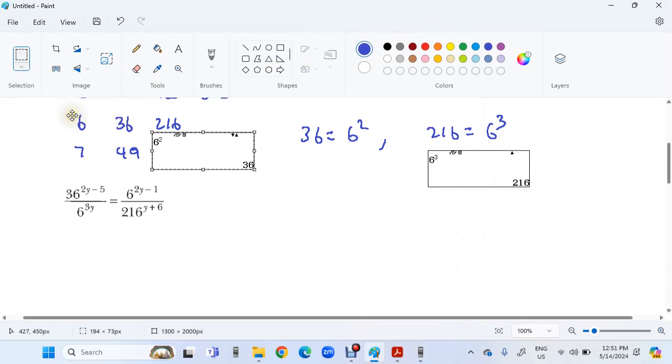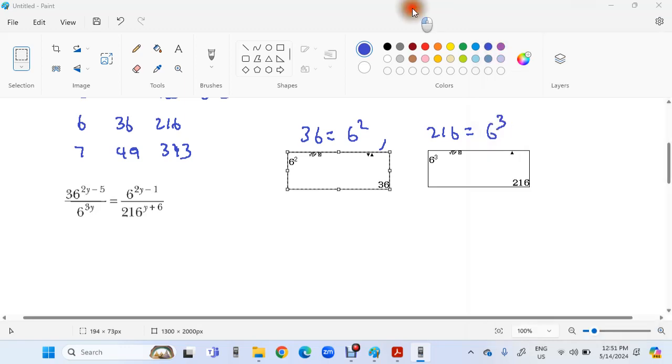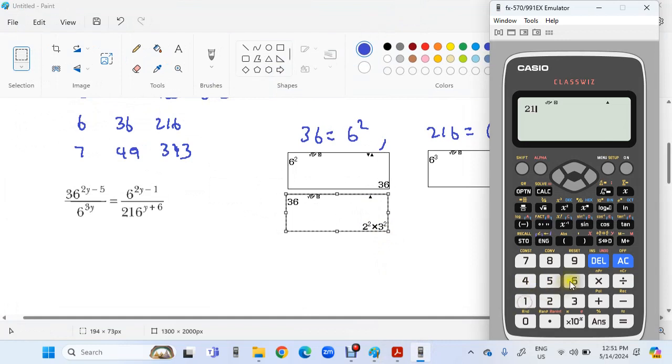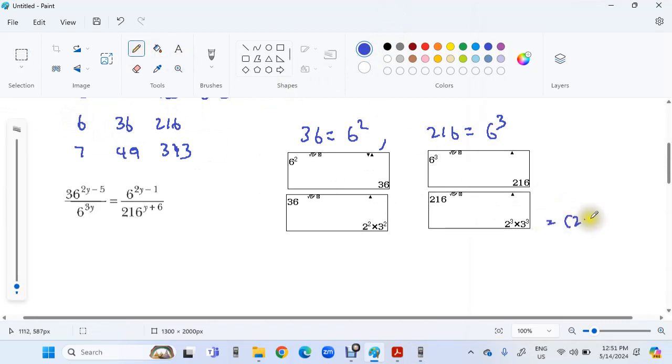Why we cannot use the fact? Because if we use the fact here, 36 is actually 2 square multiplied with 3 square. And 216 is 2 cube multiplied with 3 cube. So you can also think that this is 2 times 3 cubed, then it's 6 cubed.